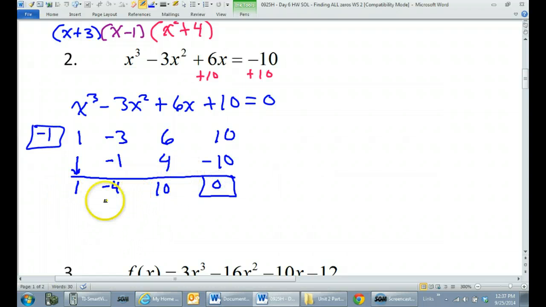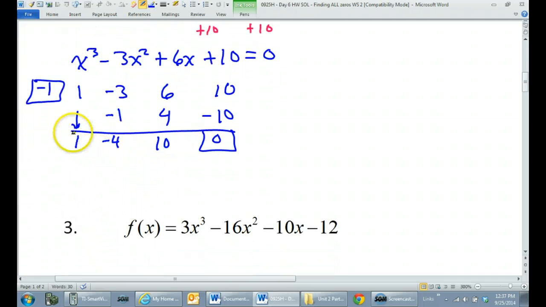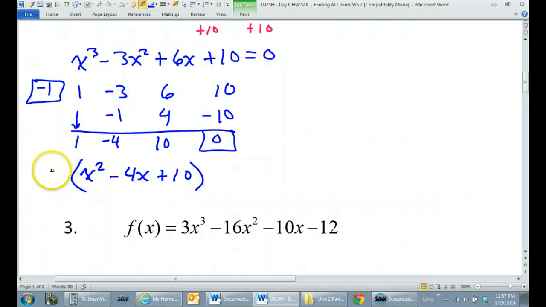Okay, so now I have this trinomial, so this should be factorable. Okay, so if I put the variables back in here, I've got x squared minus 4x plus 10. Okay, I wonder if this is factorable. Probably. Also, do not forget the factor that you're going to get from this negative 1. That's going to be x plus 1.